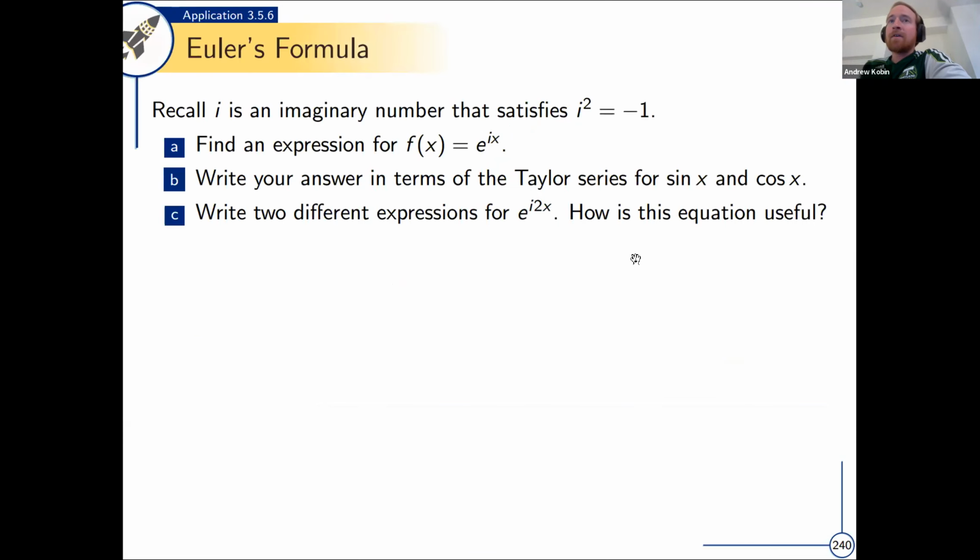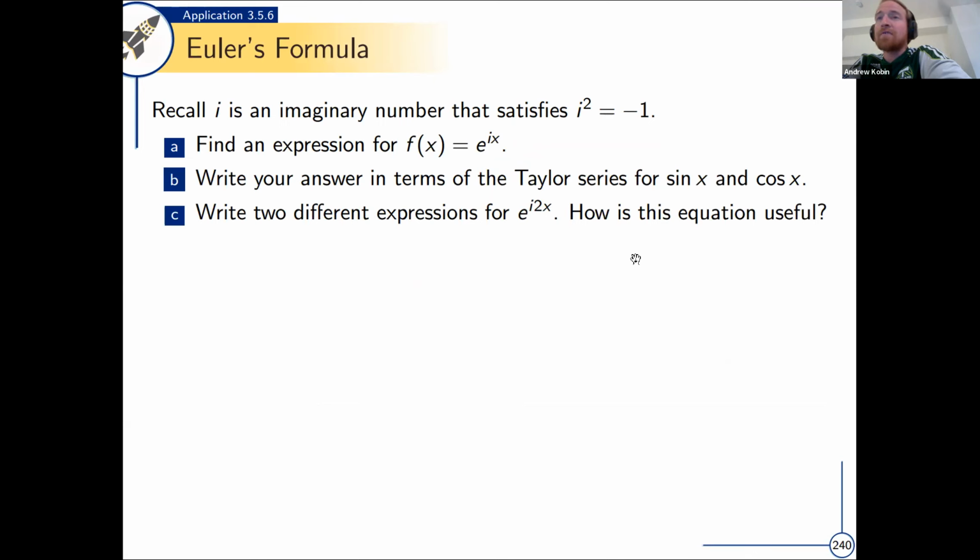Okay. So I'm not going to do this one with you, but I encourage you to think through this. This is just a little symbolic exercise using the imaginary number i. Remember that i is the square root of -1. Another way to think of this is that i squared equals -1.